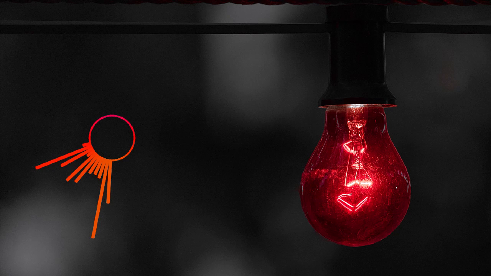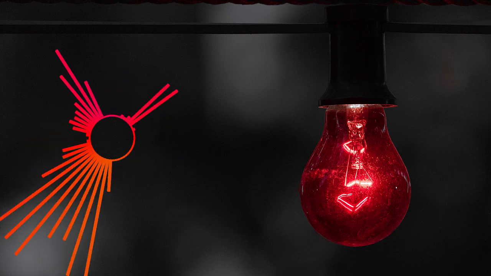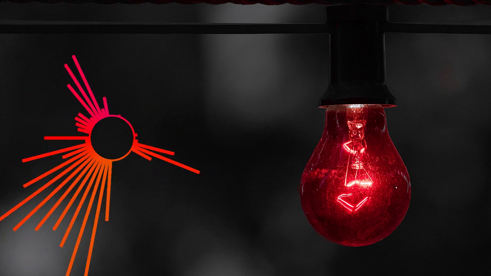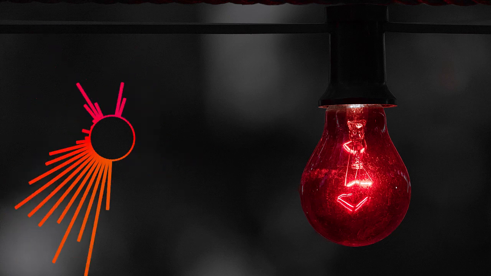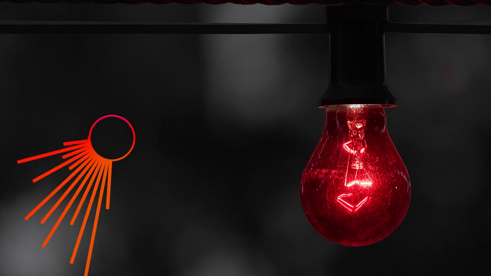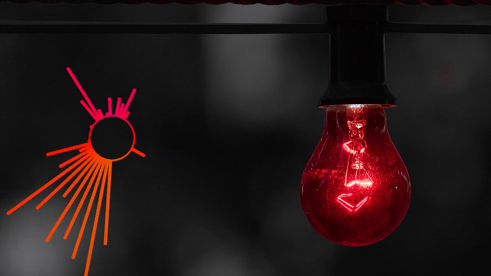Then it returns back to the generator to start the loop again. When you flip a switch, you are opening or closing that racetrack. Open circuit equals no flow equals light is off. Closed circuit equals electricity flows equals light turns on.